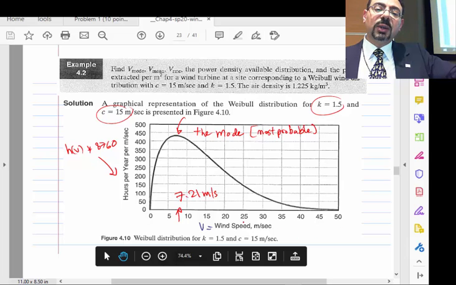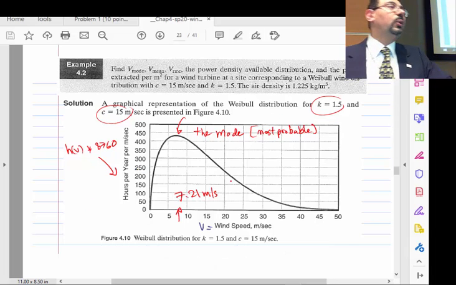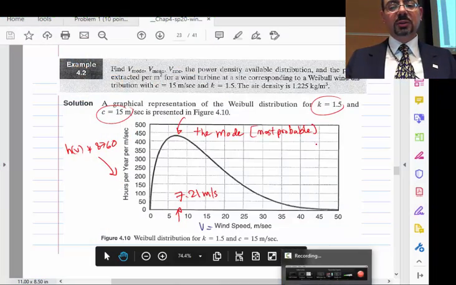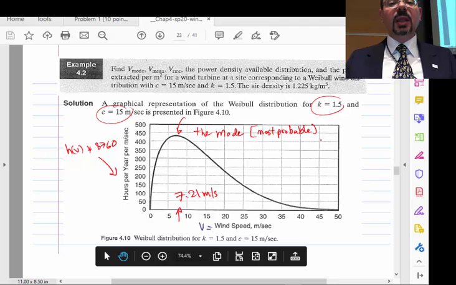Here are the different velocities, and on the y-axis, this is basically the number of hours per year that the velocity will stay in that range. Okay, and again, knowing K and C will replace that graph in the equation.